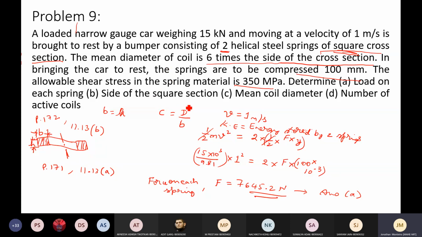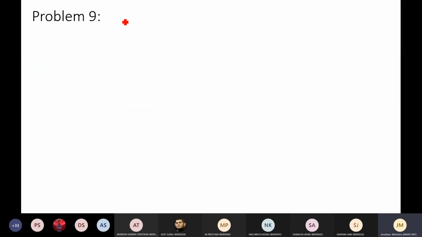Now, what about the side of the square section? Either you can find H or B because both are one and the same here. Let us go to the equations now. With what equations can you find it? We have an equation which directly gives us tau is equal to 2.4 K F D by H cubed. So this is equation number, let me.